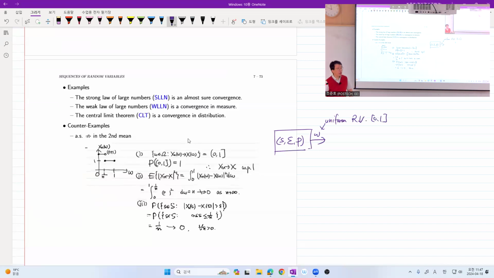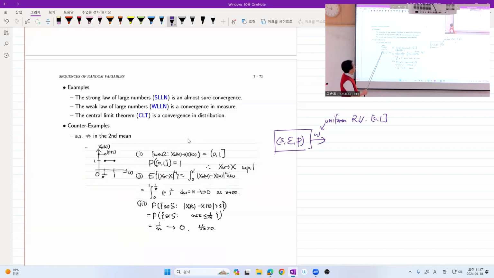The output is mapped to another random variable by using this function. See that this function has value 1 plus n on the interval 0 to 1 over n, and for the rest of the interval, its value is 1.